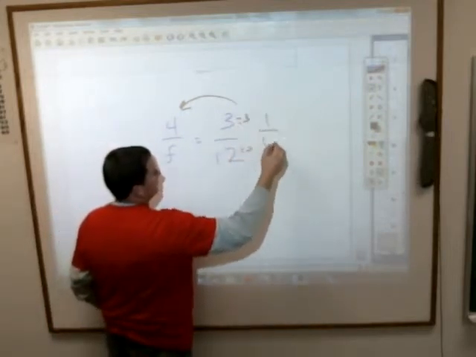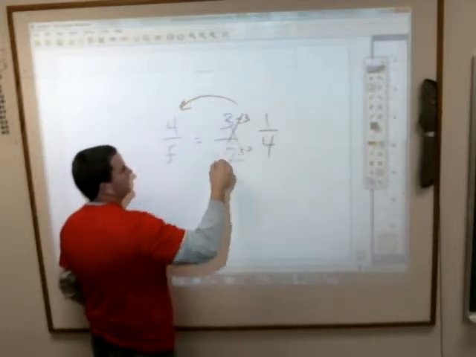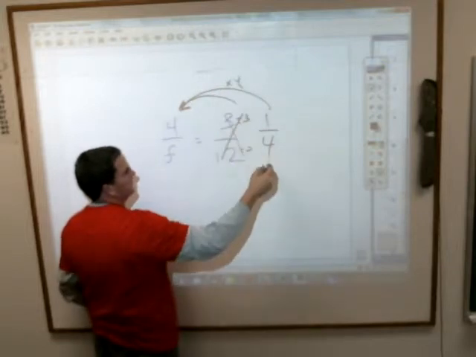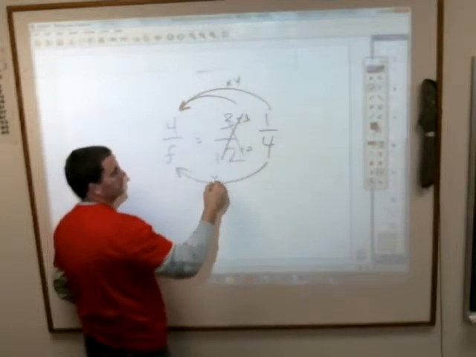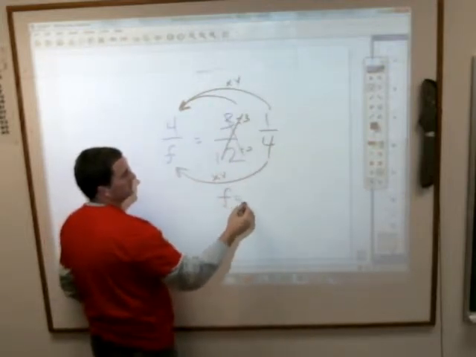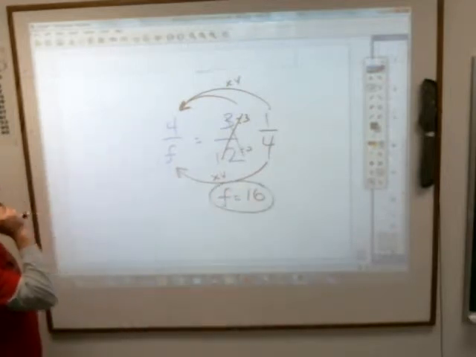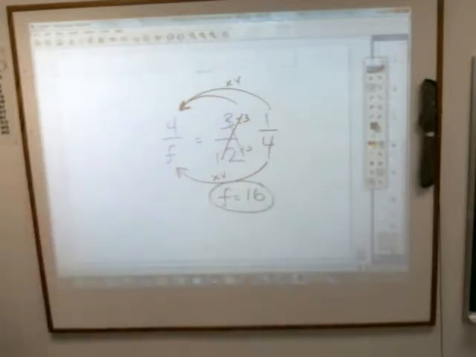Exactly. Your new fraction is 1/4, and then try again. 1 times what is 4? 4, so I need to multiply this 4 by 4. So F is going to equal 16. Okay. That's going to work for right now. We will later talk about the ones that don't work.